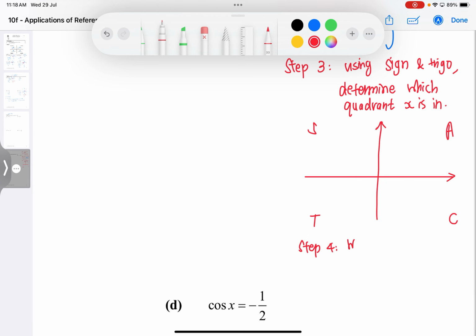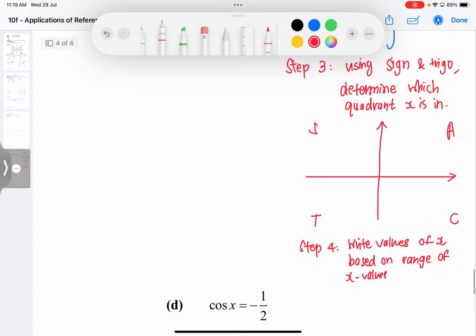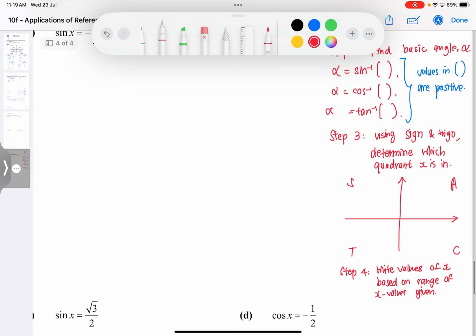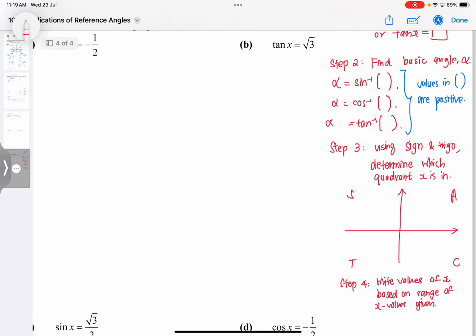Write values of X based on the range of X values given. Like yesterday I demonstrated, between 0 to 360, the number of answers are different.